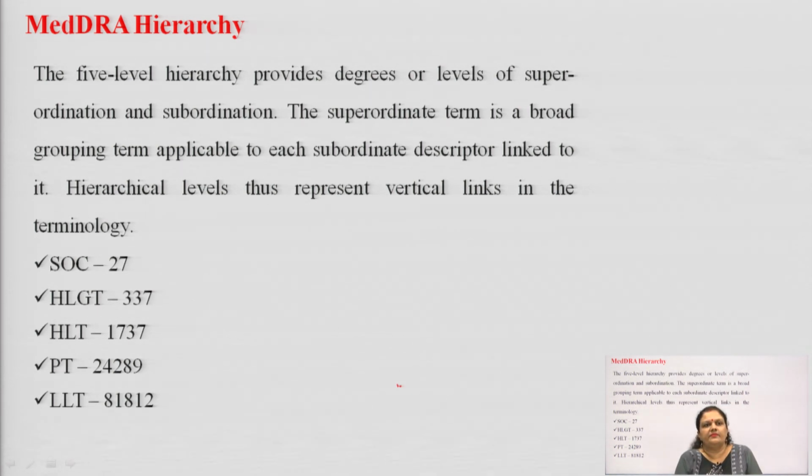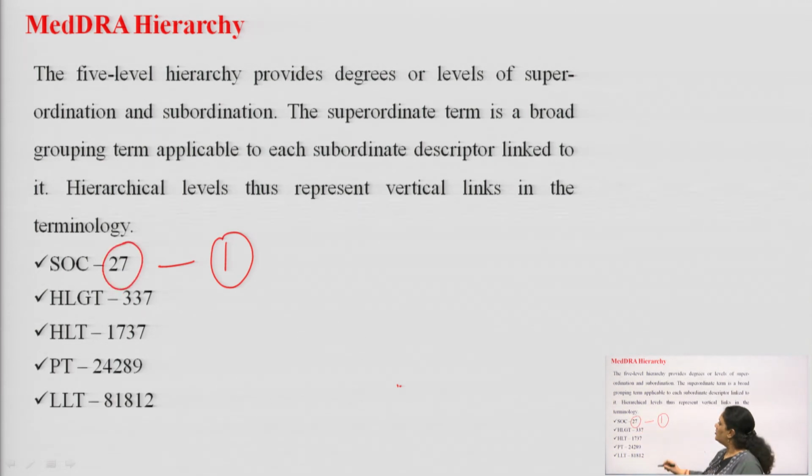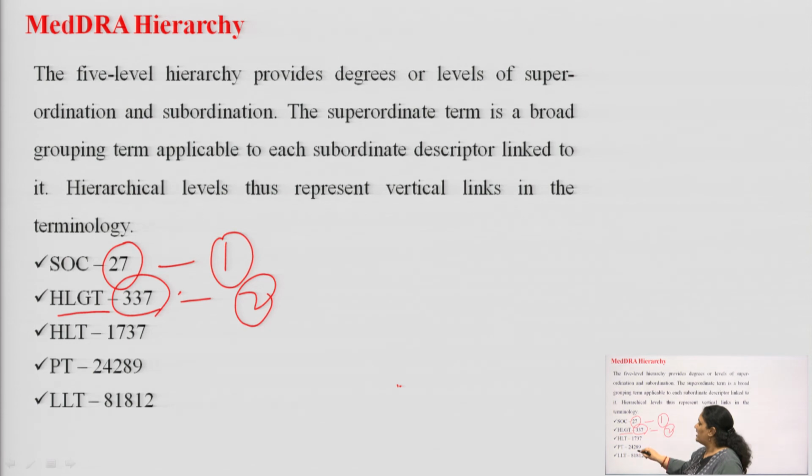Hierarchical levels thus represent the vertical links in the terminology. So, students, the first is the system organ class, which denotes 27 different terminologies. Then the second level is the HLGT, high level group terms. It includes 337 definitions or information about these 27 classes of disease.